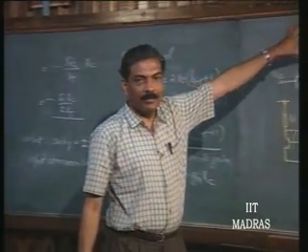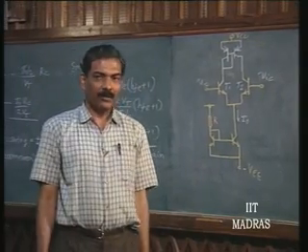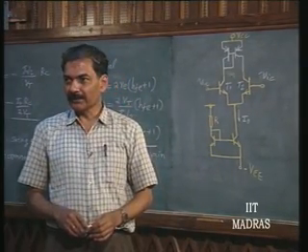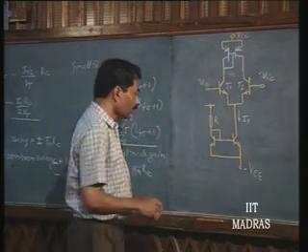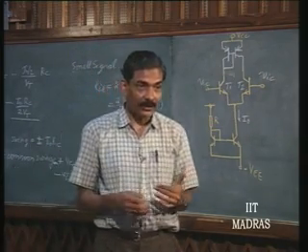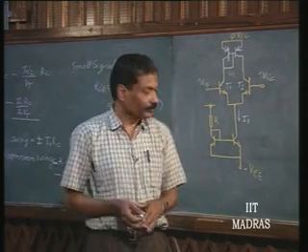After you replace it by means of a current mirror, now let us see what is the consequence of this on the gain. That is, the gain that we are now going to talk about is again the differential mode gain. Does it get disturbed because of this kind of load?